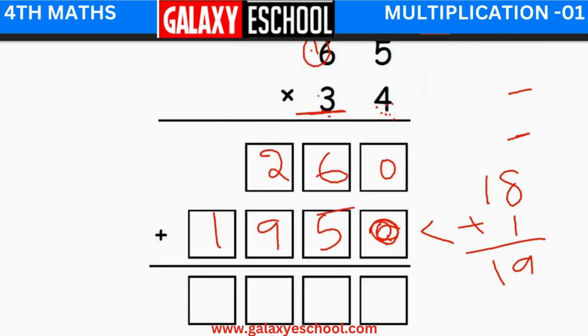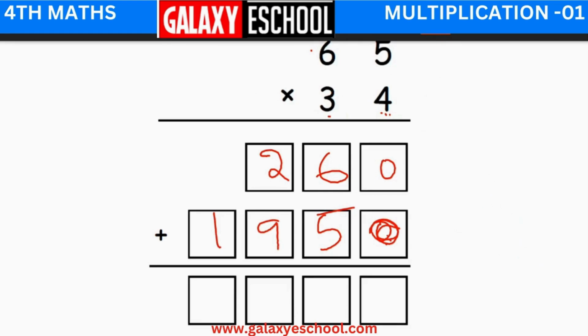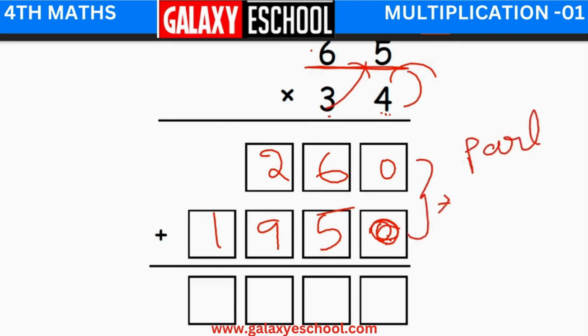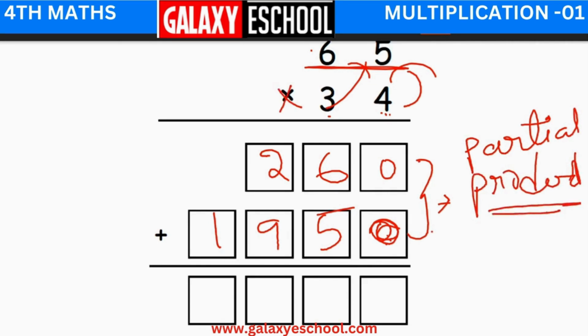Our problem is almost done now. What did we do? First we multiplied the multiplier 65 with 4 and then with 3. Now what are these two called? These two are called partial products. We got these by multiplying, so these are products, but it is not our final answer, so they are called partial products.